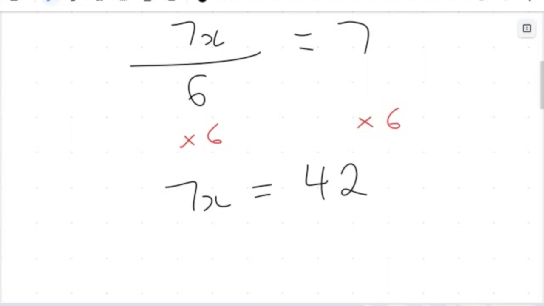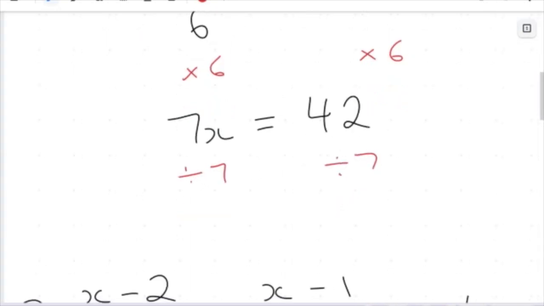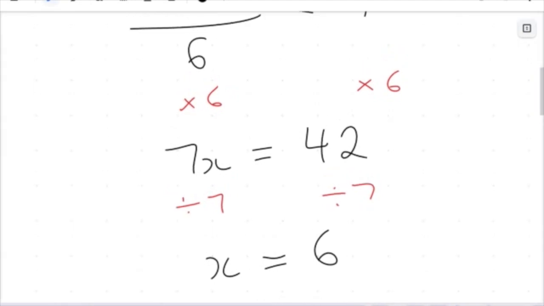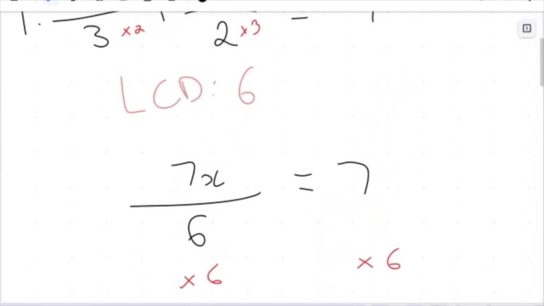That equals 42. And then I want to divide both sides by 7 to leave me with my x. And here I get x equals 6. The solving equations bit, we'd all hopefully know by now. The hardest part of these types of questions is applying what we know about adding algebraic terms to one another.